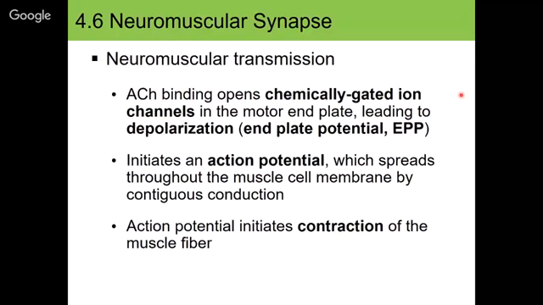Initially you have a graded potential that's produced by this chemical synapse, okay? However, this graded potential, this EPP, sets off an action potential in the adjacent cell membrane, okay, which can then spread along the muscle fiber. So that's kind of how it works.